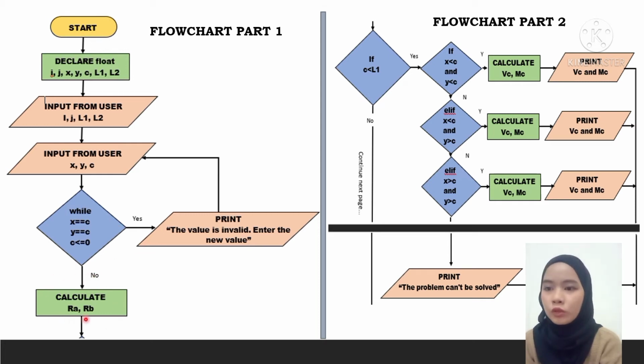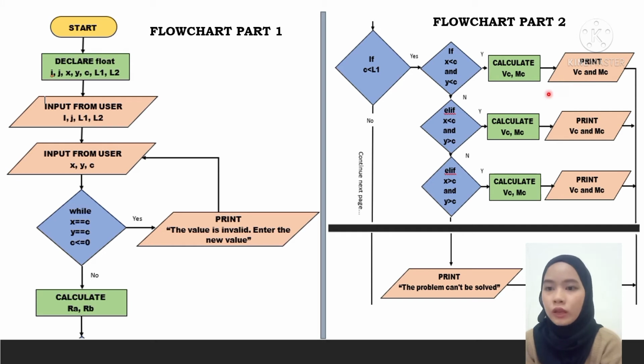For part 2, if C is less than L1, then we look at the operator. If X is less than C and Y is less than C, the program will calculate VC and MC, then show the result of VC and MC.